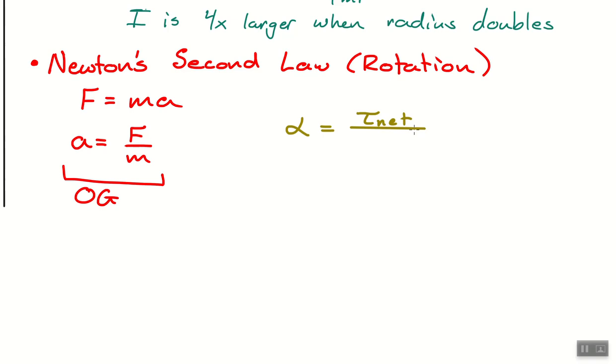What is the resistance to movement that we have in rotation? It's not just the mass. It has a specific name. The moment of inertia, I.